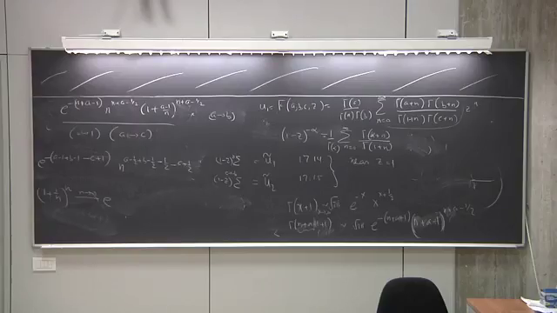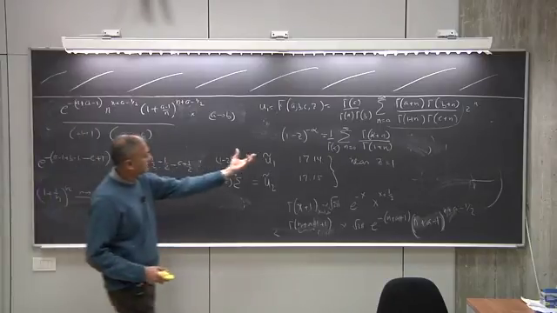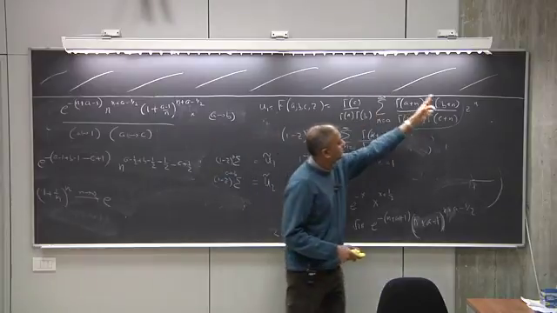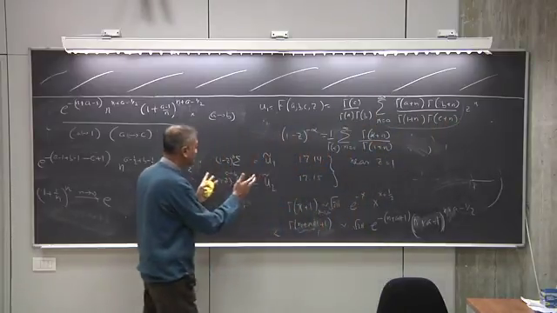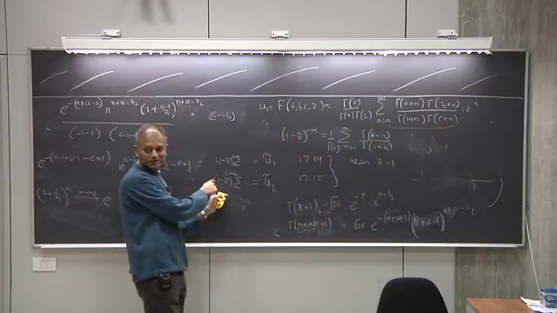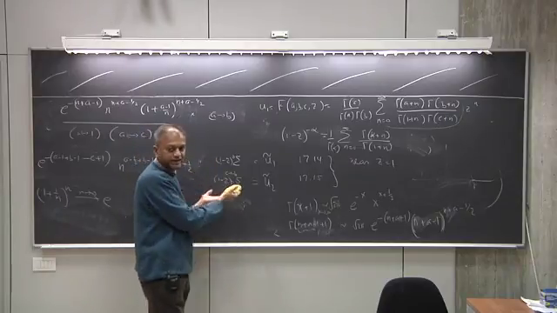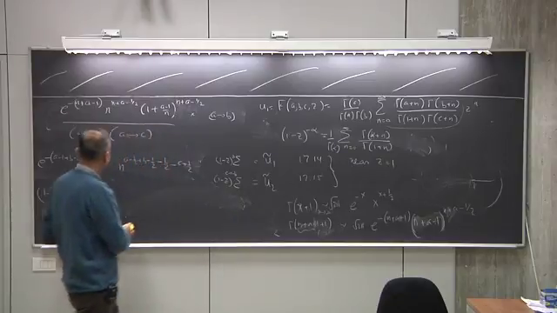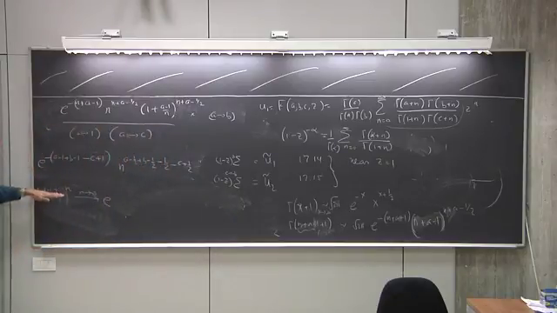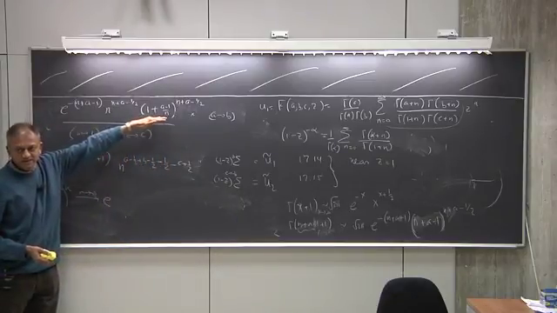Constants are not important at this stage. Constants will be important if you really want to say that this is equal to some number times that. But at the moment I'm not interested in that number. I'm only interested in whether this behavior exists or not. So I will not worry about these factors.